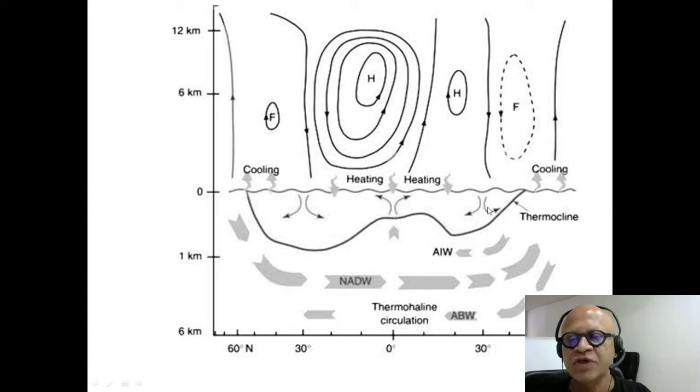In the middle we have the subtropical gyres, convergence, and subduction. So you can see that in some sense the ocean also has this upwelling, divergence, sinking, and coming back in both hemispheres. That is the ocean's equivalent of a Hadley cell, which approximately coincides with the atmospheric Hadley cell as well. These are called the subtropical cells.